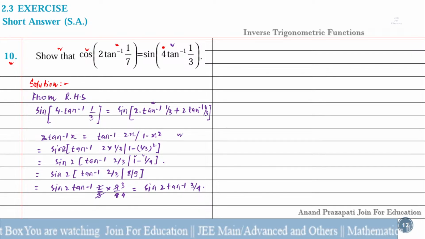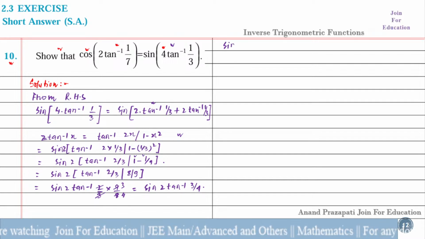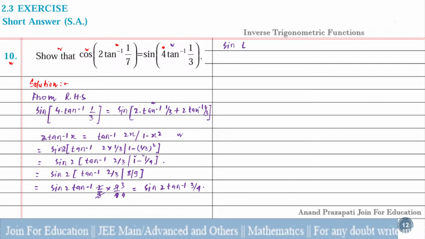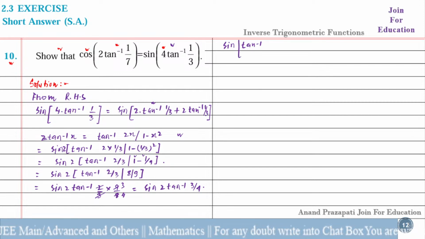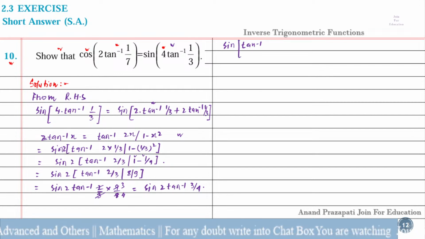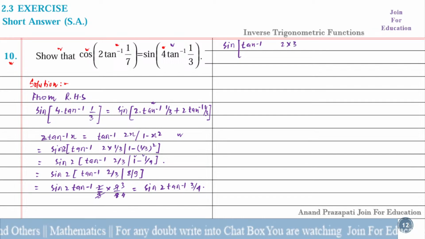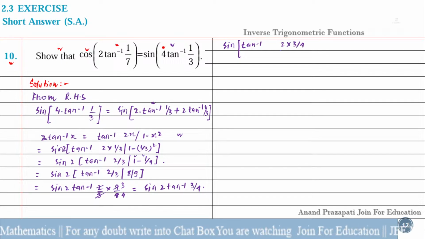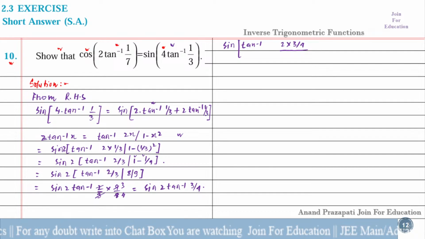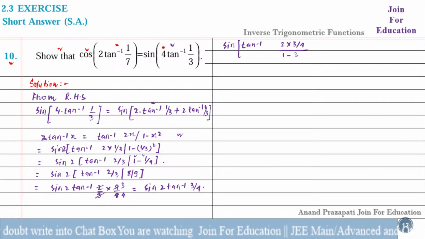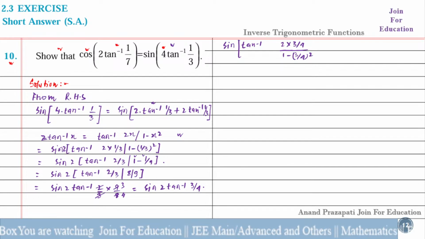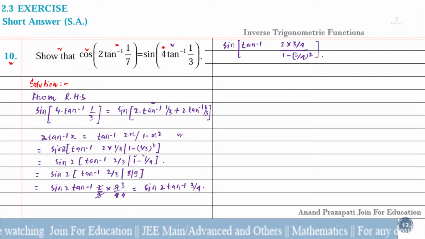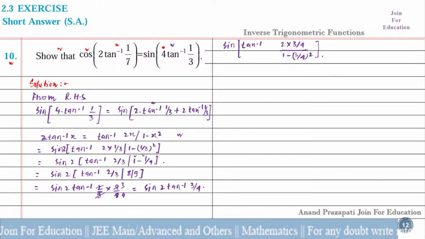We write down here sine tan inverse, here will be 2 into 3 by 4 by 1 minus 3 by 4 whole square. After there is no problem to understand up to this step.